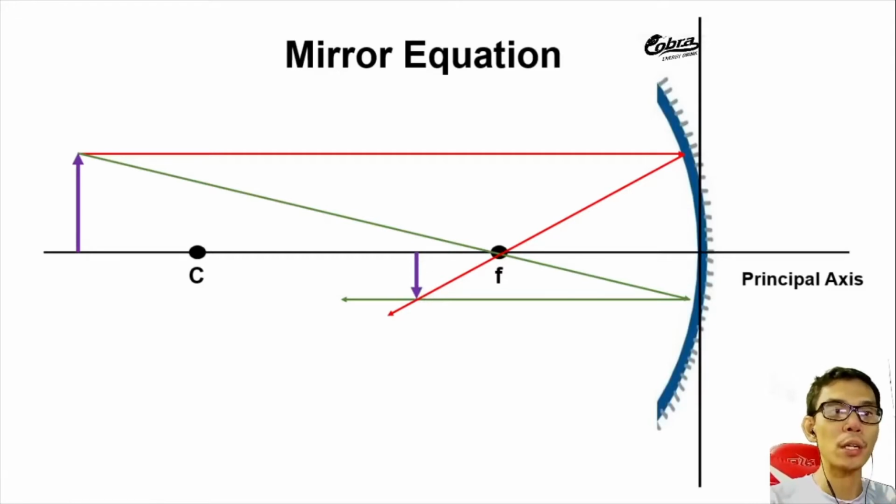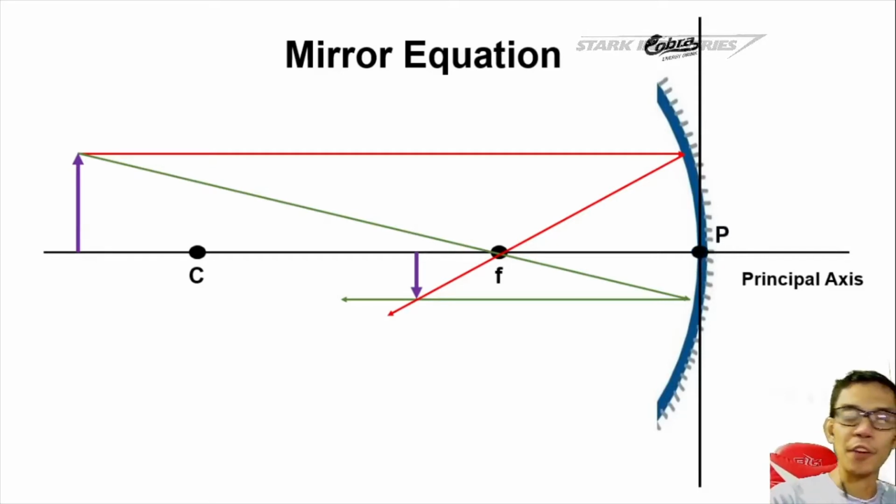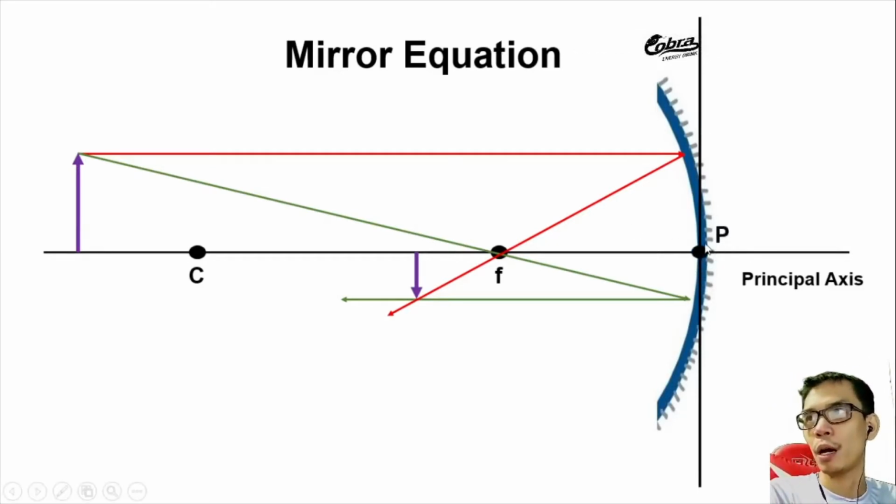Now the question is, in typical mirror problems that use numbers, what are the things that we can use? I forgot to tell you about the center of the mirror, which is called the pole.